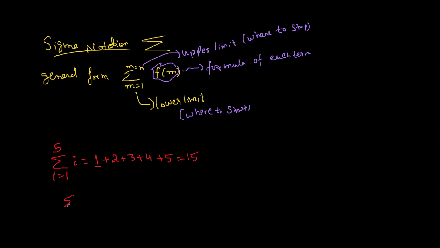Second question is k starts from 3 to 10, 2k. So from where will you start? From 3. So first you will put k equal to 3, then 4.